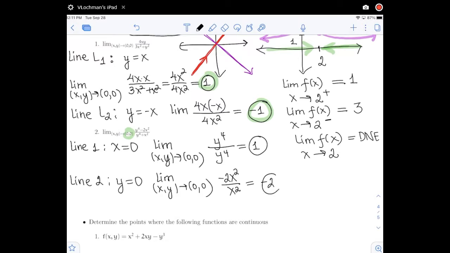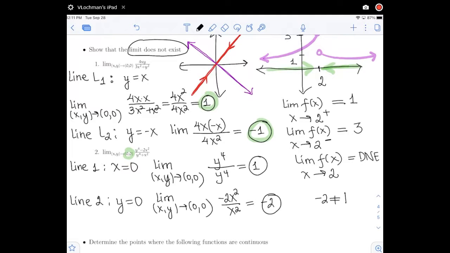Negative 2 is not equal to 1. I found two directions for my surface: if I come from two different directions, I end up at two different points. That's enough for me to show that there is no limit.